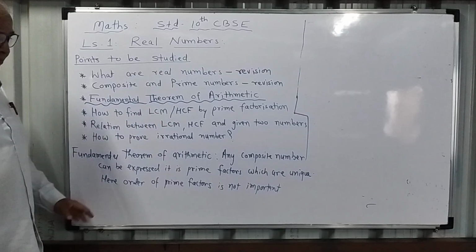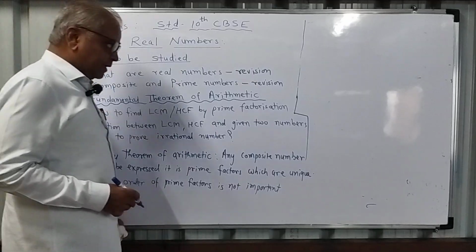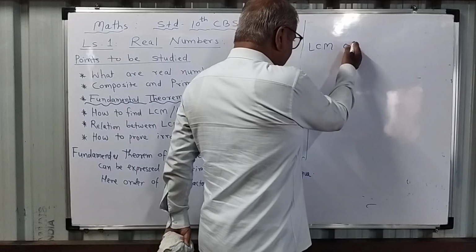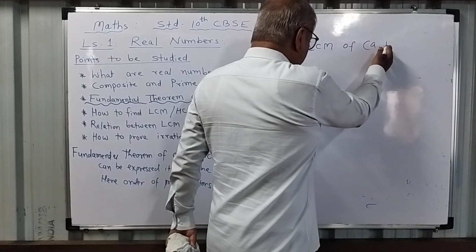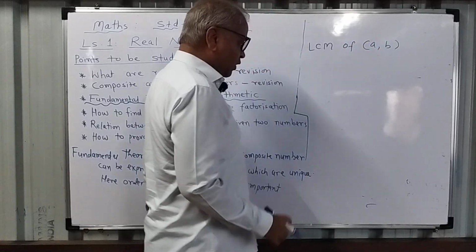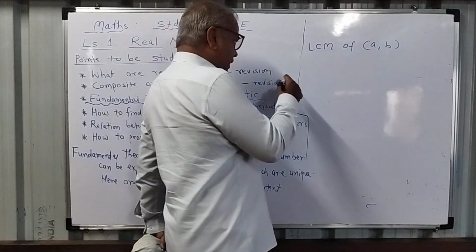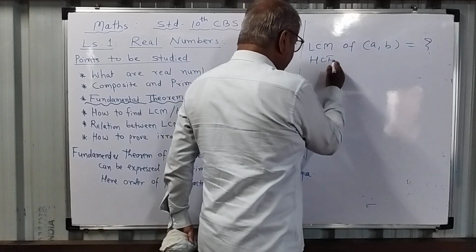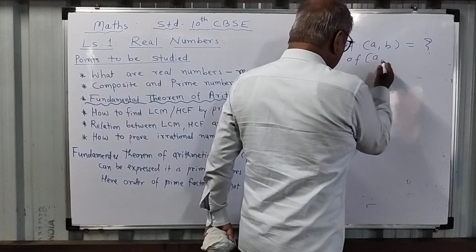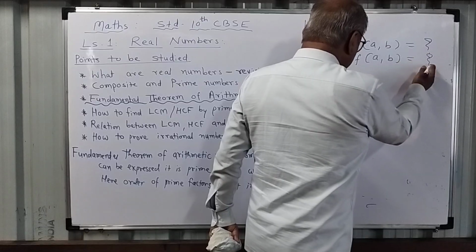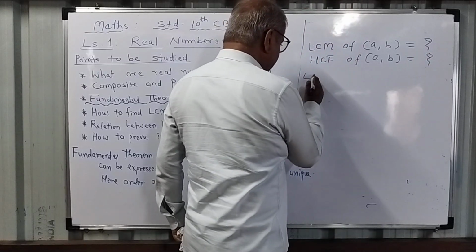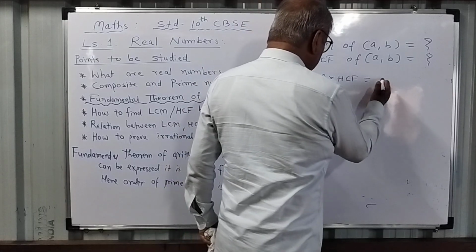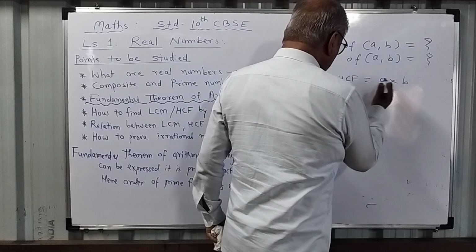Then what is the relation between LCM and HCF? If the LCM of A, B, where A and B are any two numbers, is given, and the HCF of the same two numbers is given, then LCM into HCF is equal to the product of the given two numbers.